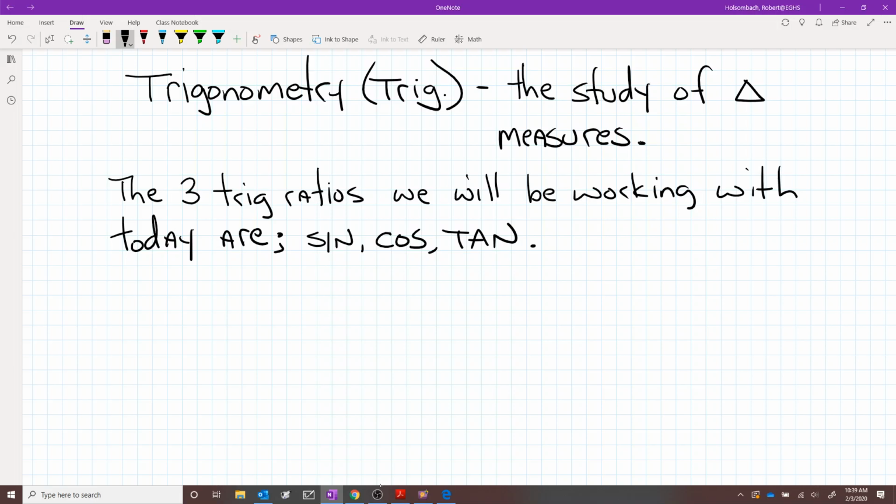Okay? Now, sine, cosine, and tangent are all ratios that come from the sides of a right triangle. And there's an acronym, and this acronym is called SOHCAHTOA.